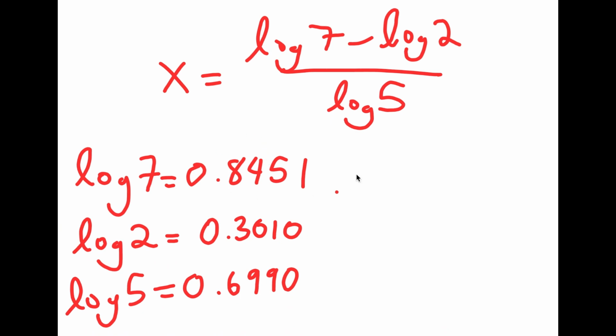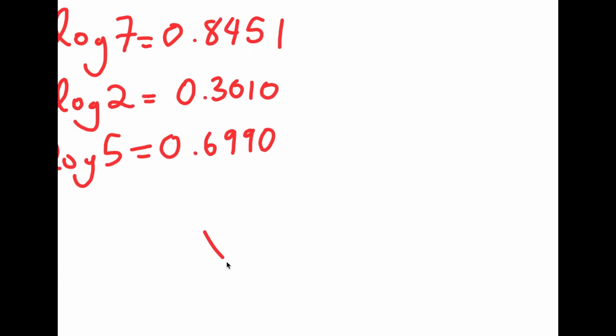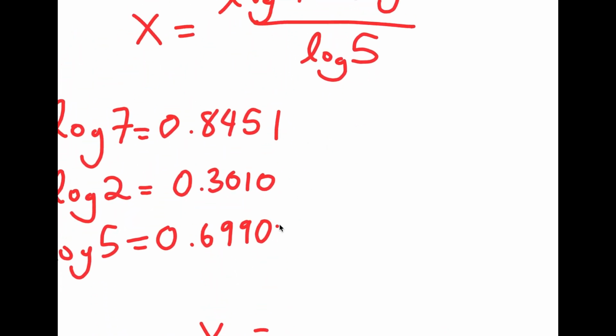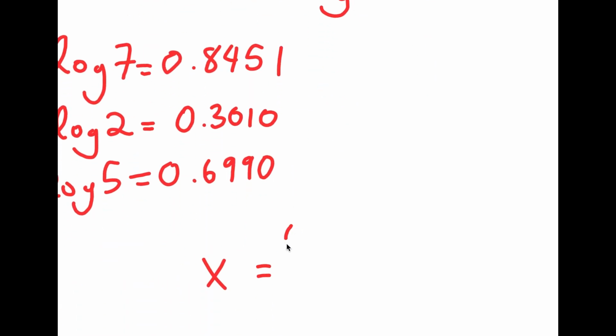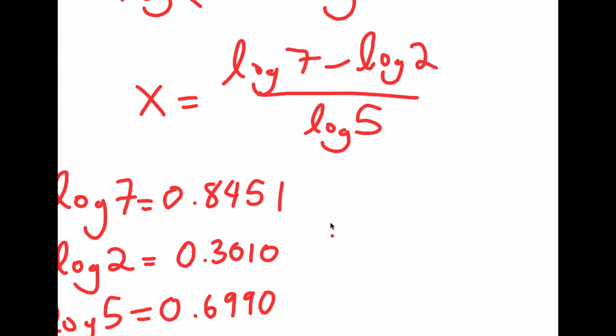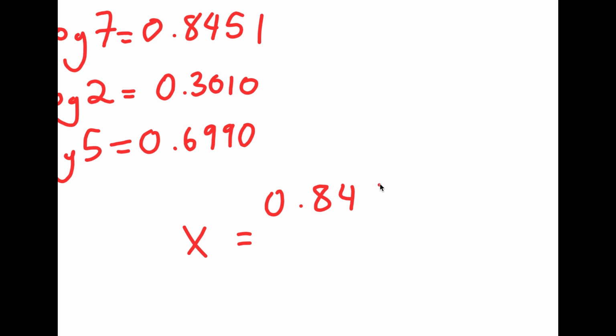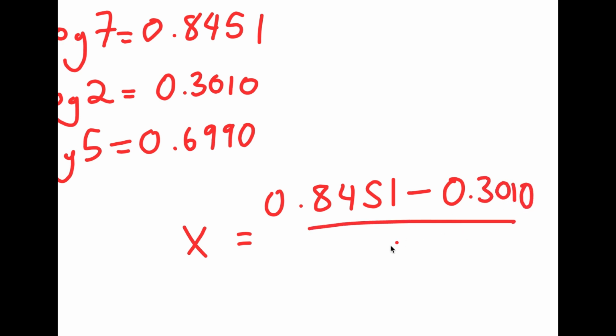So, if I plug these back into my original equation here, I get x is equal to 0.8451 minus 0.3010 over 0.6990.